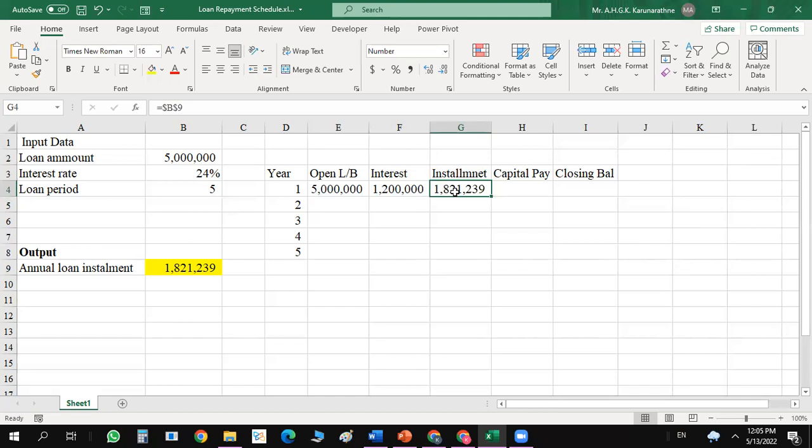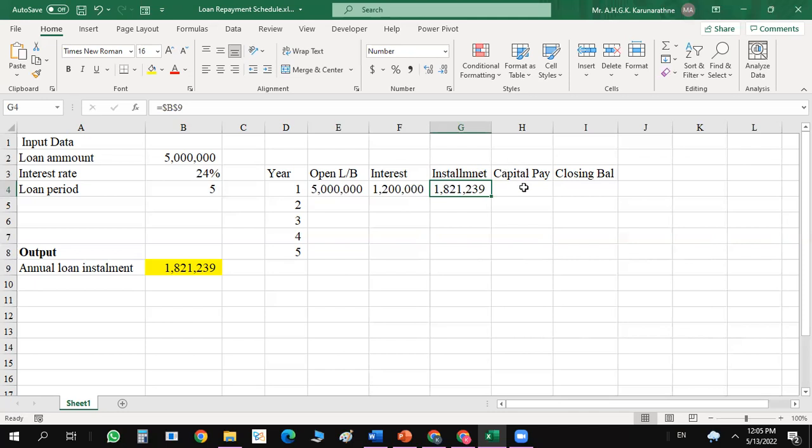Keep in mind your loan installment consists of two components. Loan installments always consist of two components. One is the interest charge for the period. The other is the capital payment or loan repayment. So even if you pay 1,821,239, out of which 1,200,000 they will charge as interest cost, or interest income from their point of view.